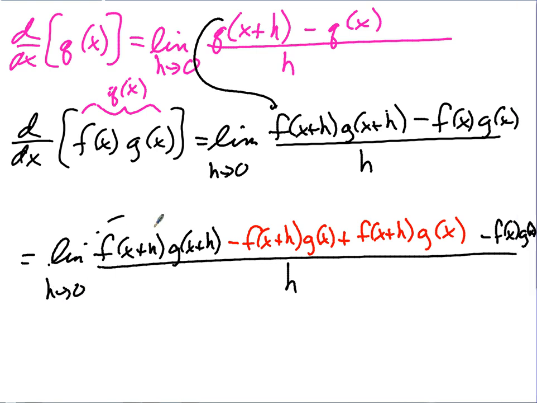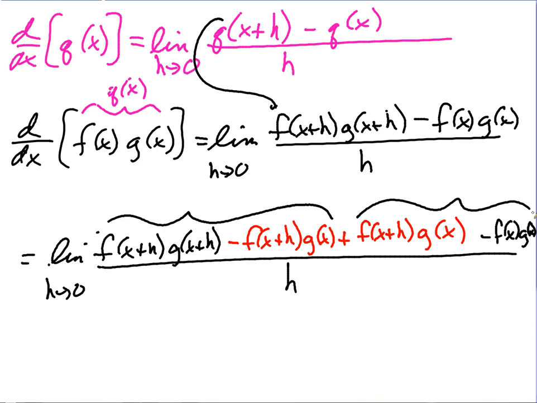What if I group those two together and those two together? If I make these two separate groups, can I factor out something from each group? What's the common factor here? f of x plus h.